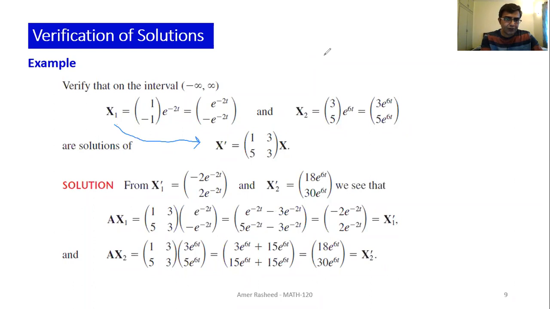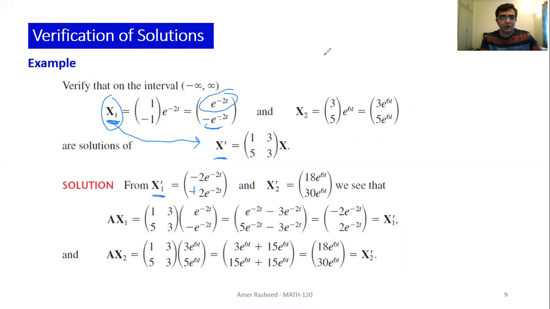In order to substitute x1 here, we need the derivative of x1. So x1 dash is what? We take the derivative, which is minus 2 e raised to power minus 2t, and the derivative of the other entry is negative negative, so positive 2 e raised to power minus 2t.